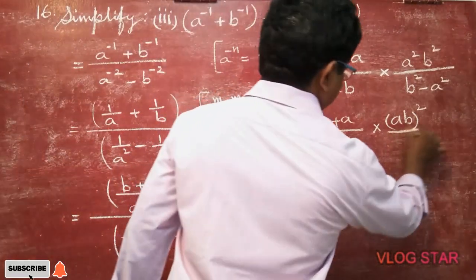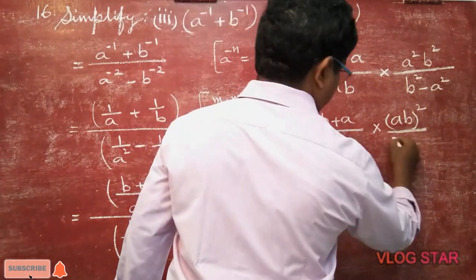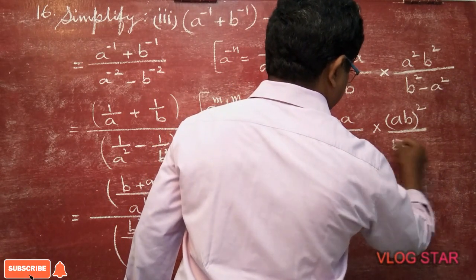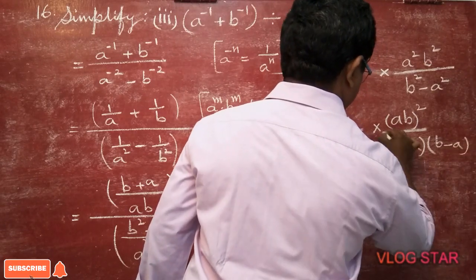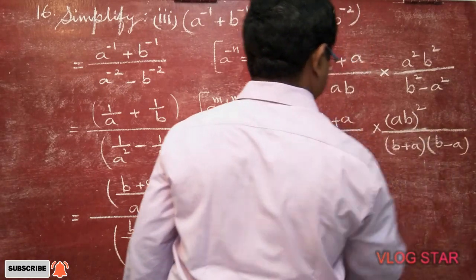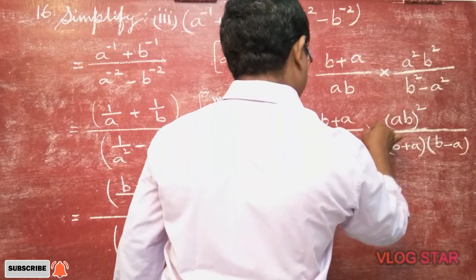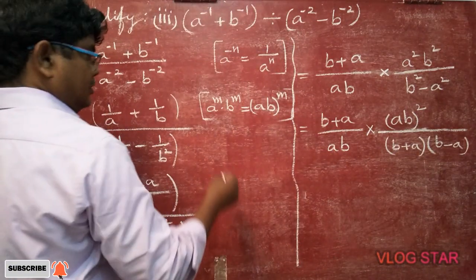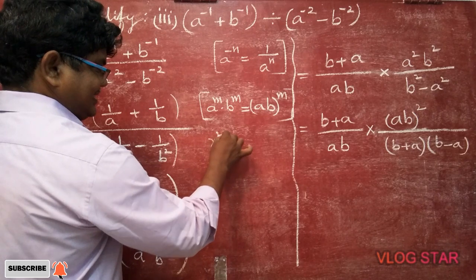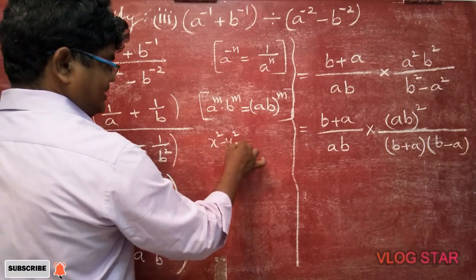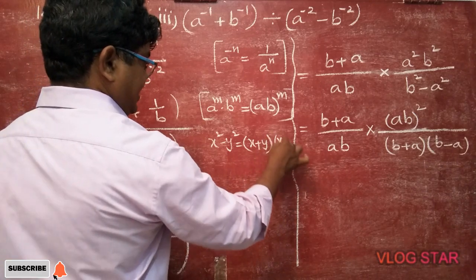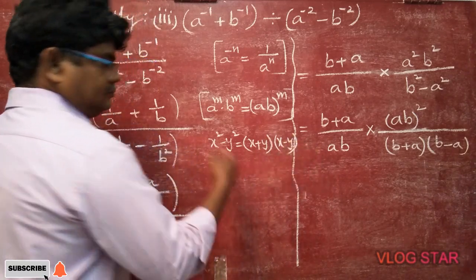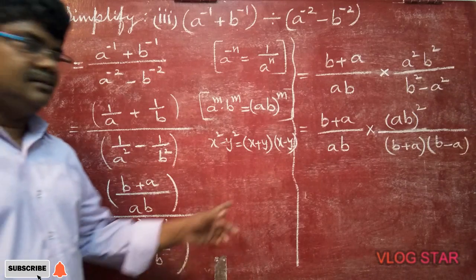It is in the form of b square minus a square, which means b plus a into b minus a. This formula we have learned. It is the formula x square minus y square is equal to x plus y into x minus y, algebra formulas.